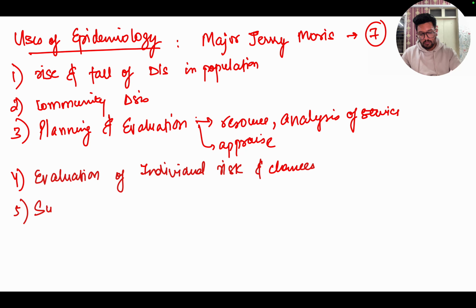They may be influenced, knowingly or unknowingly, and are based on epidemiological findings. Then syndrome identification. Basically, we have to identify syndromes in the population for a clinical phenomenon. Then completing the natural history of disease.